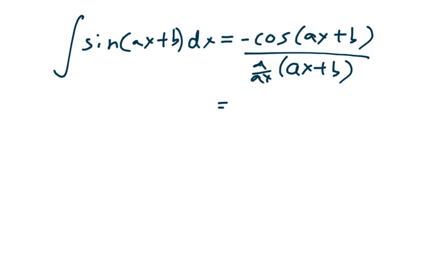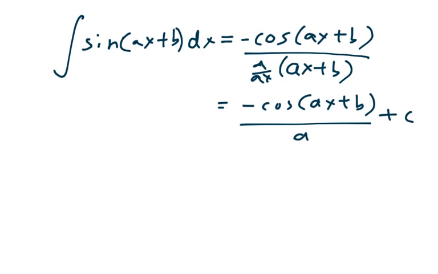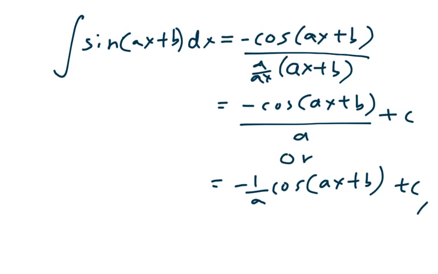Hence, what you are getting will be negative cosine of ax plus b divided by a plus c. Or you can also write your answer as negative 1 over a cosine of ax plus b plus c.